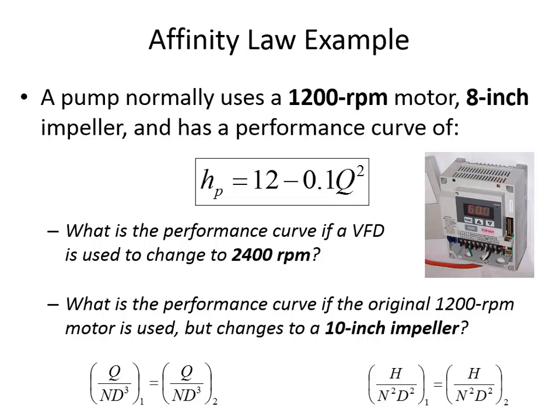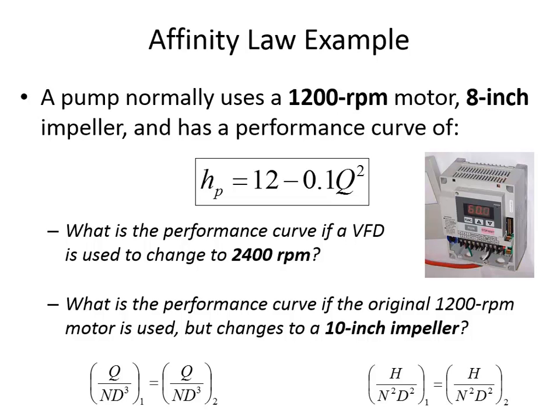Now the second equation that we're going to use, we're going to substitute in the head, and the diameter is the same. So our second equation is going to simplify to H divided by the rotational rate squared. So H1 divided by N1 squared is equal to H2 divided by N2 squared.